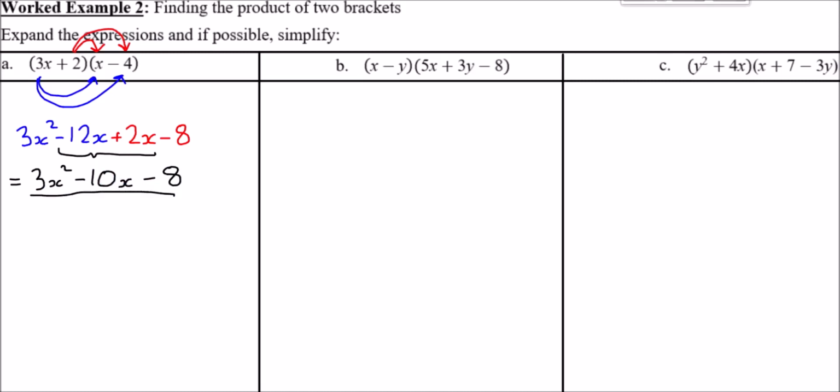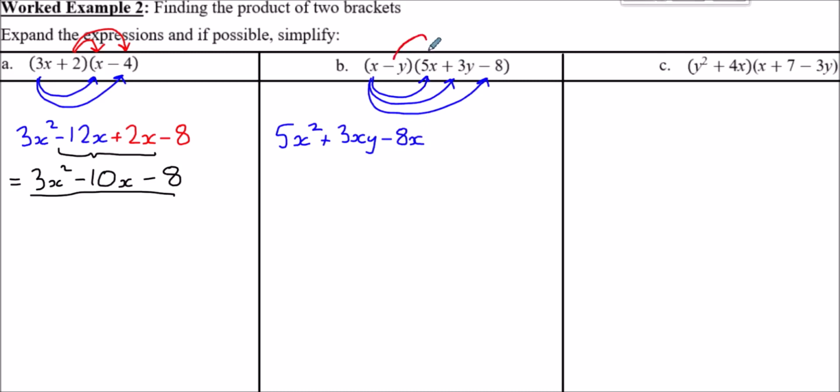Part B. So multiply the x by everything in the second bracket step by step. First of all, x times 5x is 5x squared. x multiplied by 3y gives us positive 3xy. Then x multiplied by minus 8 gives us minus 8x. Same idea, it just takes us a bit longer because there are more terms to expand.